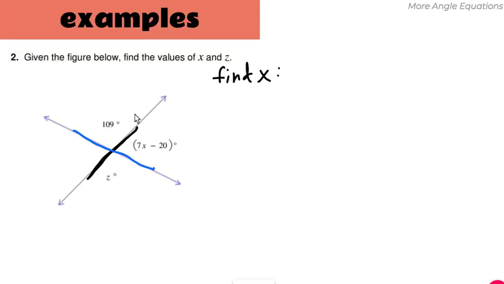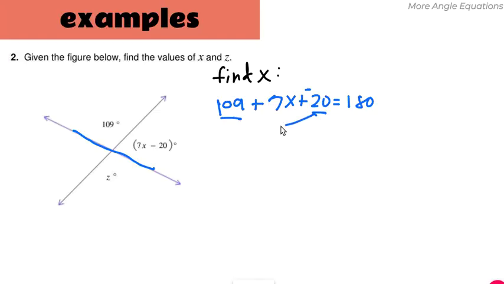Okay. So I can say 109 plus 7x minus 20 equals 180. I need to simplify my left side first. So I'm going to add the opposite so that I can put 109 and negative 20 together. 109 minus 20, just doing the work on the side.